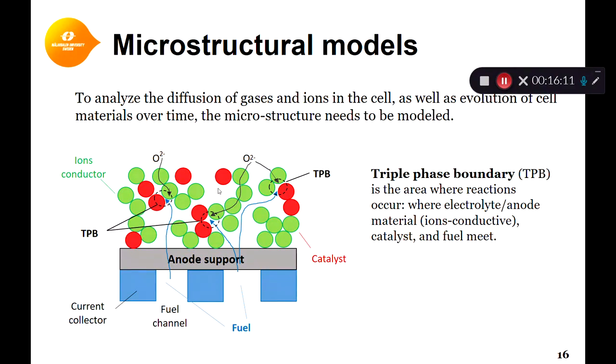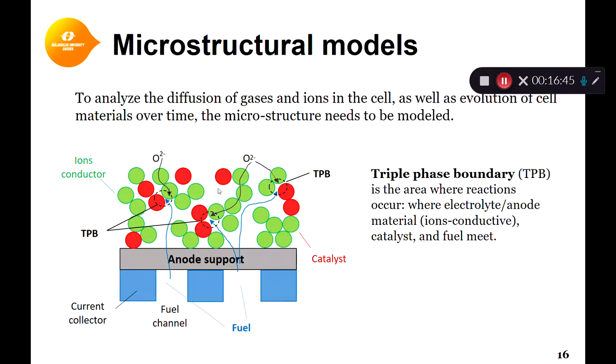This is the interface between 3 elements: the solid material that is conductive to the oxygen ions, so it's the material that constitutes the electrolyte or the anode, the catalyst, and the pores in the solid material where the fuel can diffuse. So this is where the reaction takes place, because it's where the oxygen ion meets the hydrogen in the presence of the catalyst.